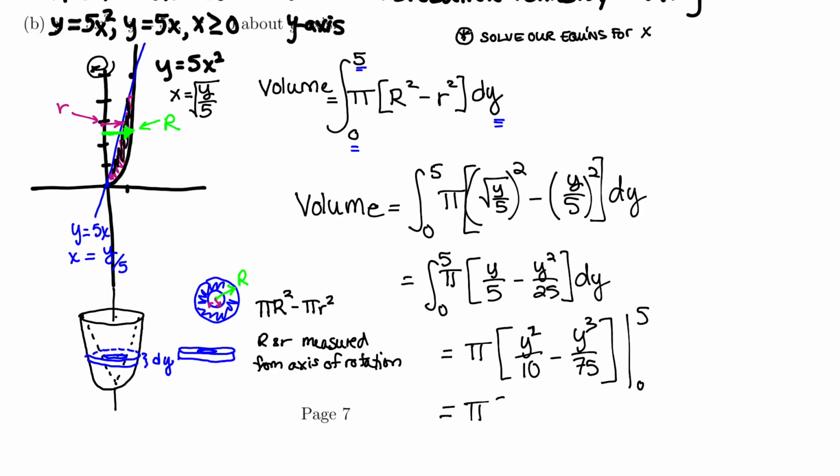So that's pi times 25 over 10 minus 25 times 5, 125 over 75, but I think I can reduce those down a little bit. Pi times, what's that, 5 over 2 minus, what's that, 25 goes in there, 3.